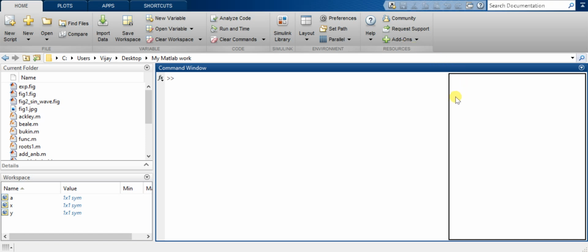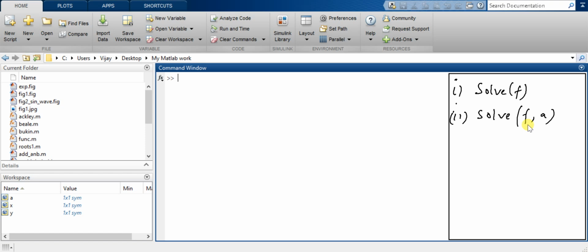The first one is solve(f), where f is an algebraic expression or symbolic expression, or you can use the second form, which is solve(f, a), where f is the algebraic expression and a is the variable for which the solution has to be obtained. So let's try to solve some examples.